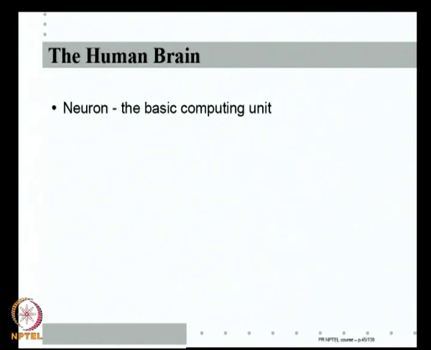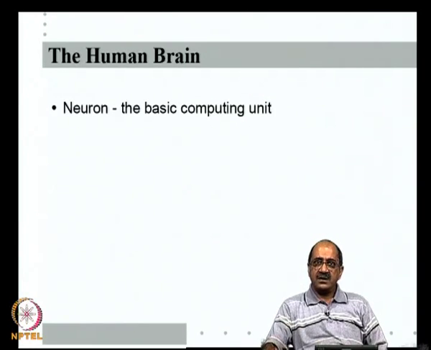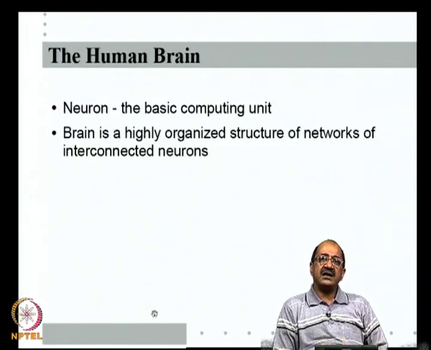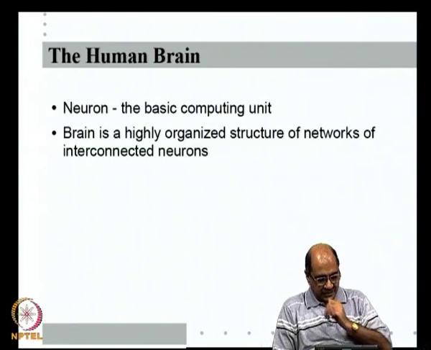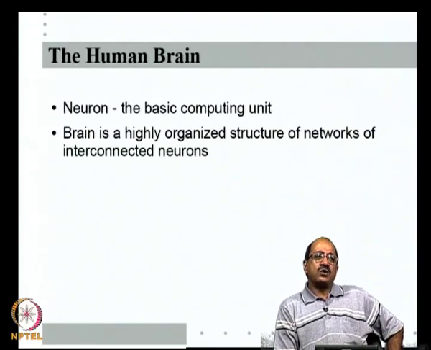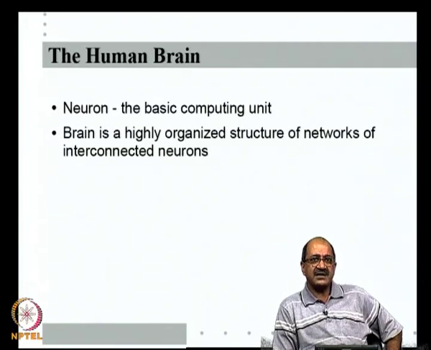In the human brain, neurons are the basic computing units. Our brain is nothing but a highly organized structure of interconnected networks of neurons. Now, what does each neuron do? Of course, there are many different kinds of neurons, but for our purposes, we can ideally visualize a neuron like this.